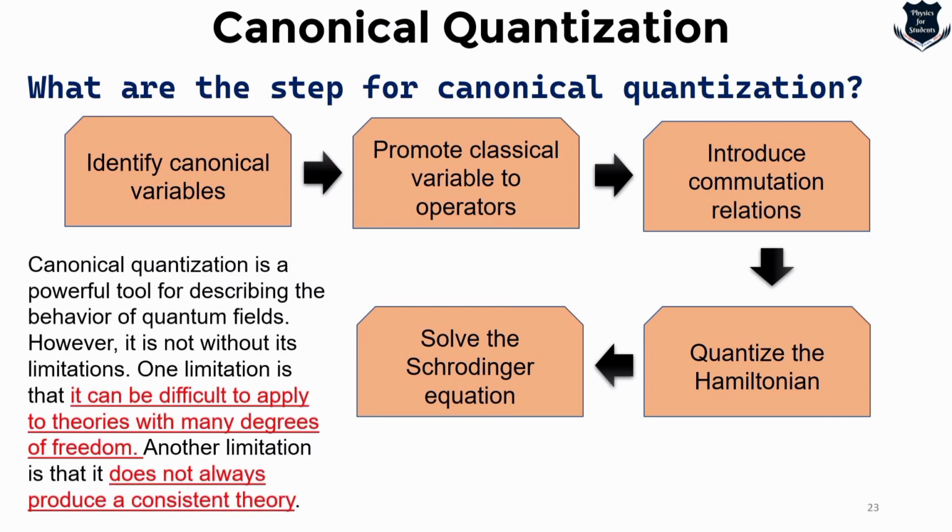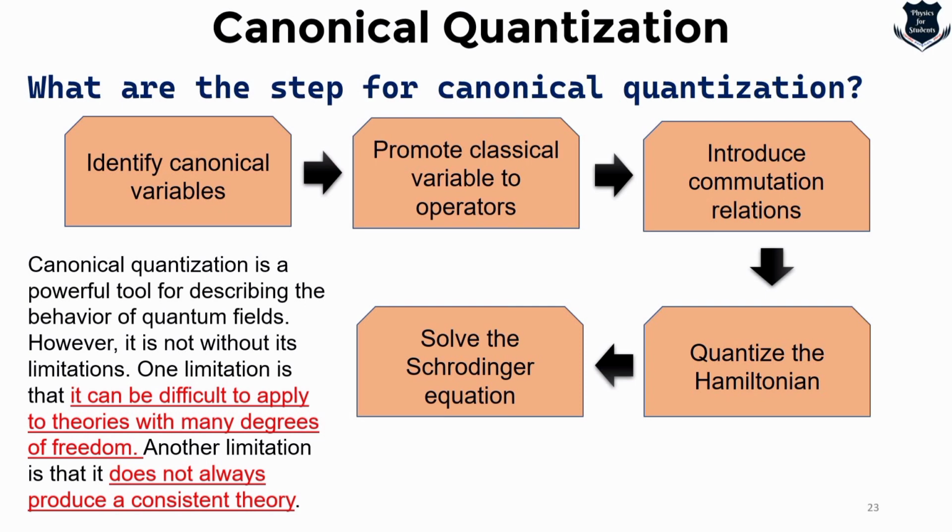This is the summary. Canonical quantization is a very powerful tool, but it also has limitations which we should remember. The limitation is that it can be difficult to apply when we are dealing with many degrees of freedom. Another limitation is that it does not always produce a consistent theory.